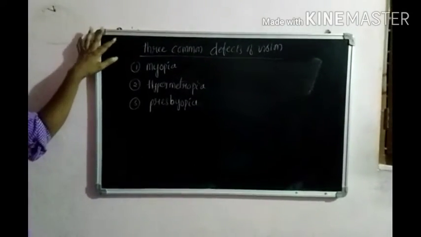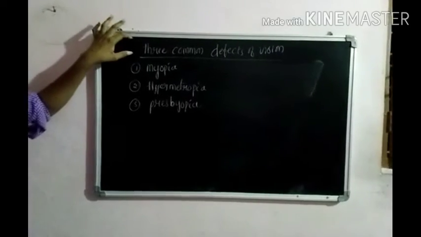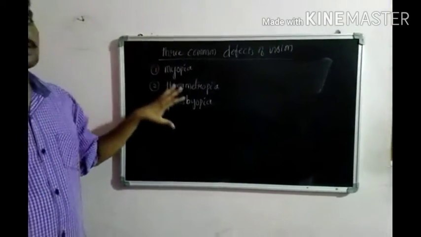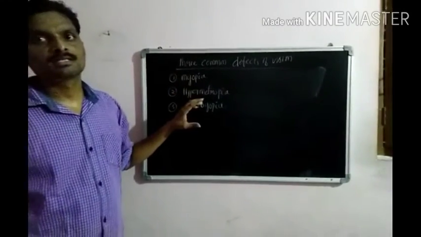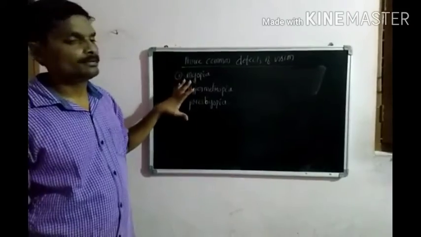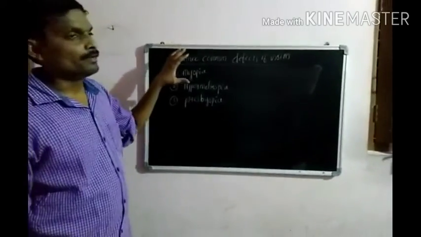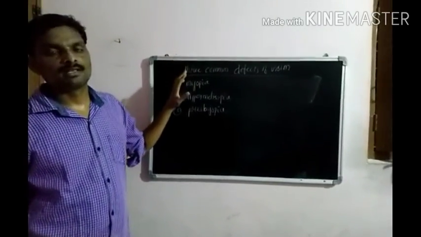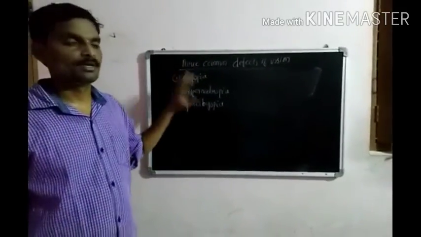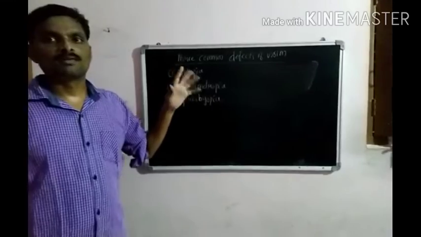Now the next topic. We already discussed that the ciliary muscles change the focal length of the eye lens. That phenomenon is called accommodation of the eye. The maximum focal length of the eye lens is 2.5 centimeters and the minimum is 2.27 centimeters. Here the focal length varies.